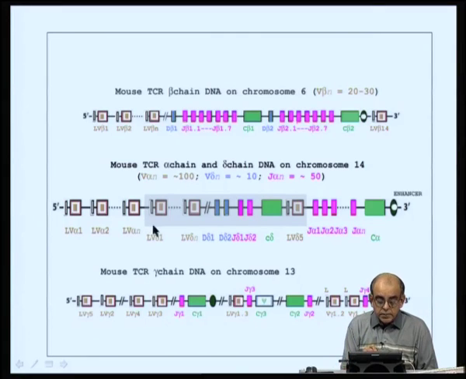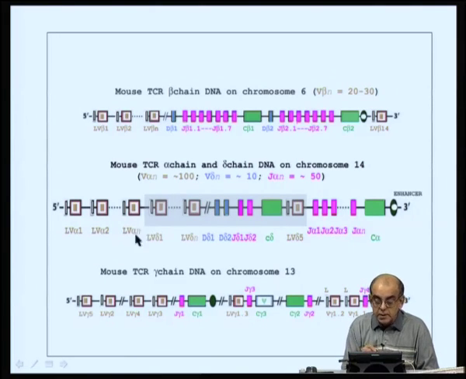Now, as opposed to this, the important point that one has to look at when you are looking at the alpha chain gene segments, you have the delta gene, which is the gamma delta T cell receptor, positioned between the variable region genes of the variable alpha gene and the joining alpha.